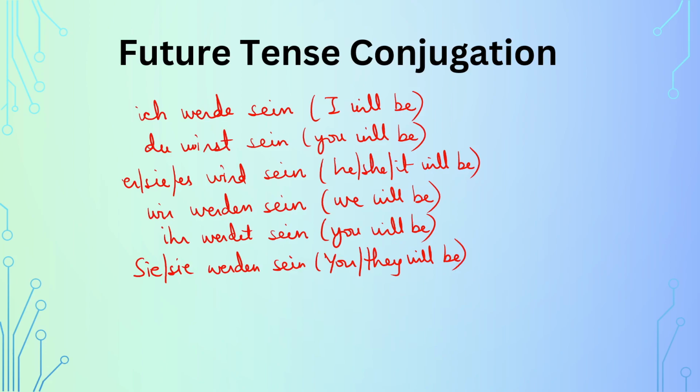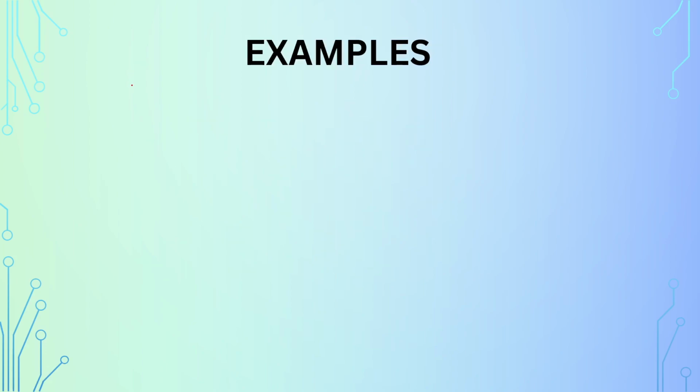Okay, so let's see some examples. Er wird nächste Woche hier sein, which means he will be here next week.